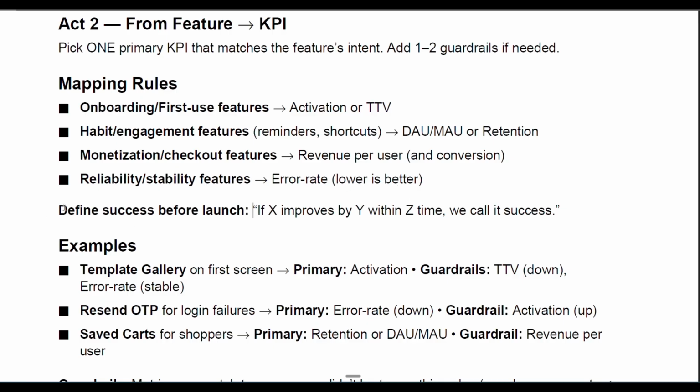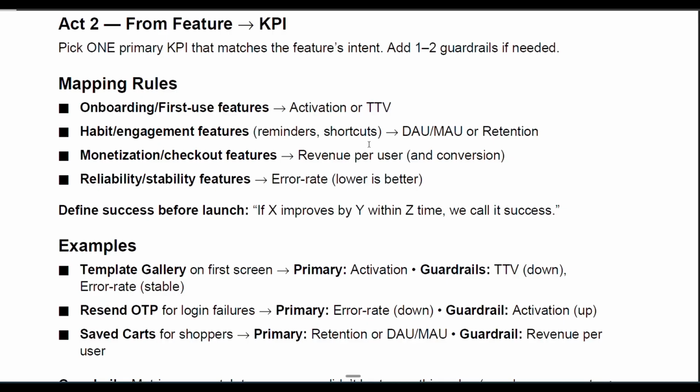So you have to define the success before launch. As I said in the last but one video, the success has to be defined before launch. If X improves by Y within Z time, we call it a success.